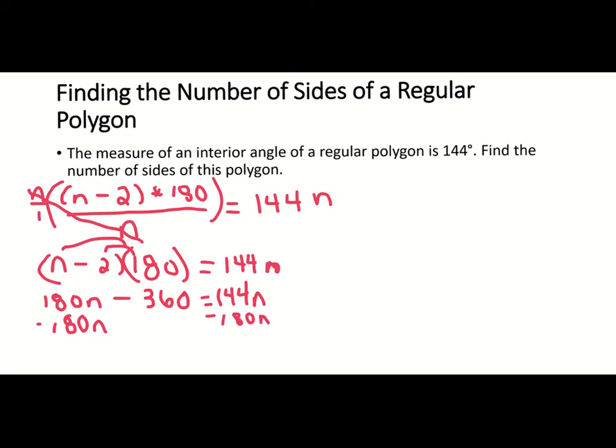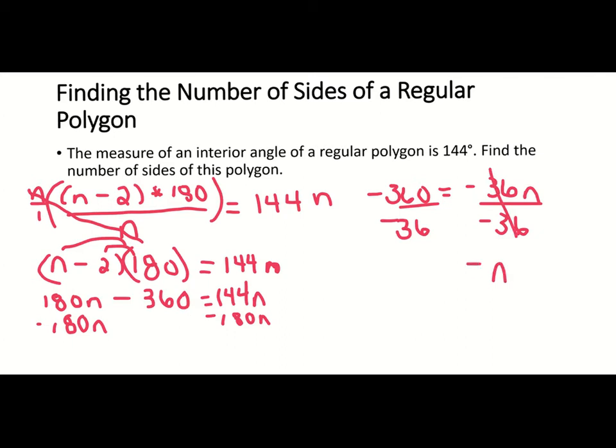And that is going to give me negative 360 is equal to negative 36n. We're going to divide by negative 36, and that will cancel out on that side.